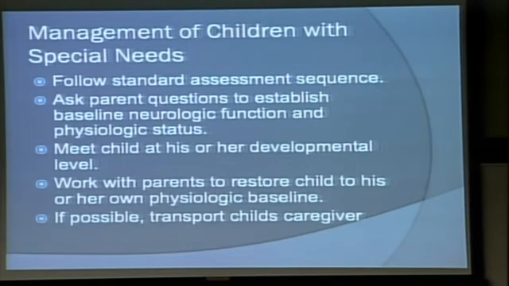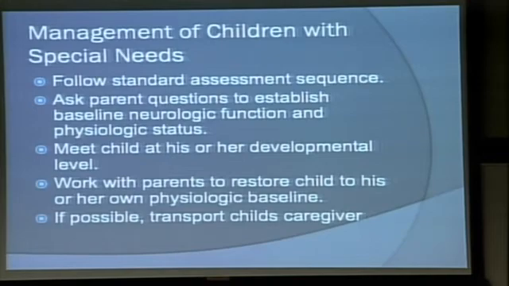Now, when you're dealing with a child with special needs, follow your regular assessment, but ask the parent questions to establish the baseline neurologic function and physiologic status, and then try to deal with the child at whatever developmental level they are.